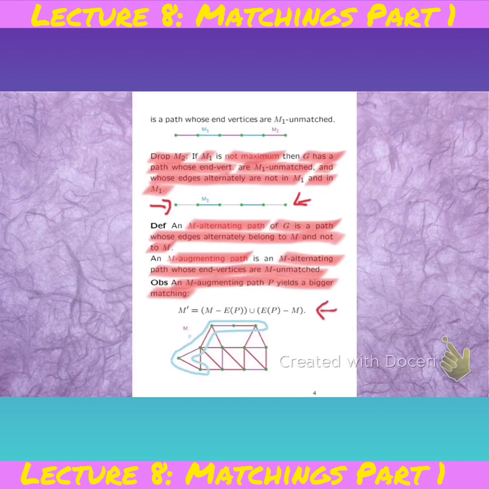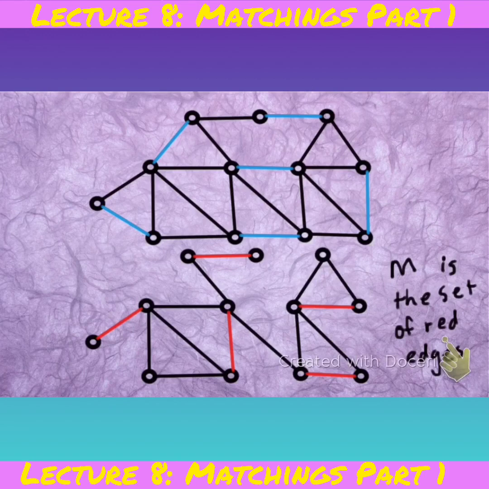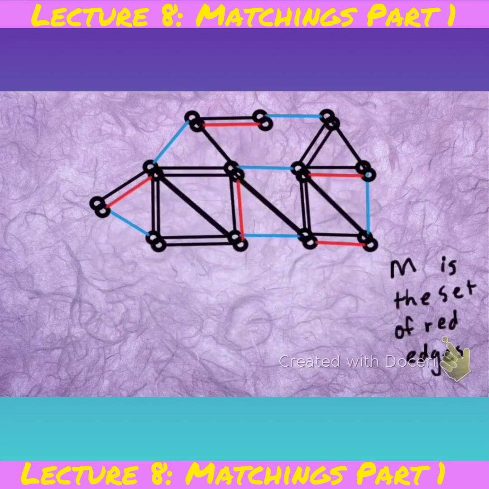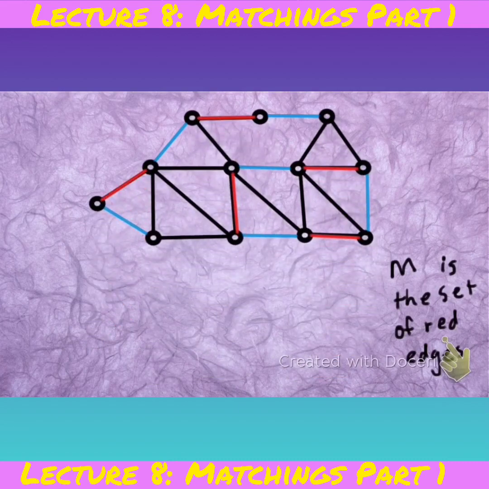Back to our previous example, let M now be this matching, and the matching is composed of the red edges, and then what we did was we superimposed it like that, and we deleted the irrelevant edges.